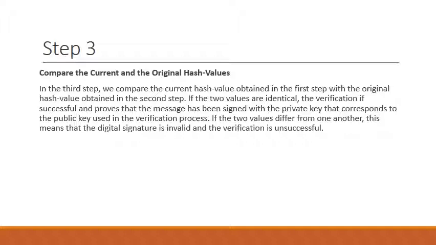That means the message has been signed with a private key that corresponds with the public key. If the two values are different, obviously that means the digital signature is invalid and the verification is unsuccessful and you wouldn't be able to read the message. So basically in these three steps, the hash values of both keys must be the same in order to read the message.